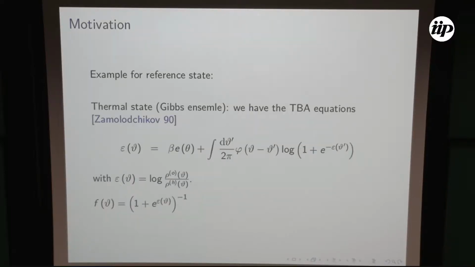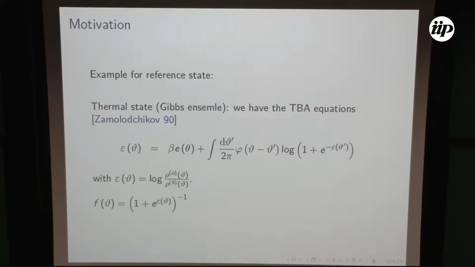Okay, so basic setup. Oh, before that, let me give you an example in case these densities are a bit too abstract. If you think about the thermal situation, then you have the thermodynamic Bethe ansatz equation described by Zamolodchikov for relativistic models, and then you have the pseudo-energy, epsilon, that's the log of the ratio of the occupied density and the hole density, and it satisfies this integral equation.